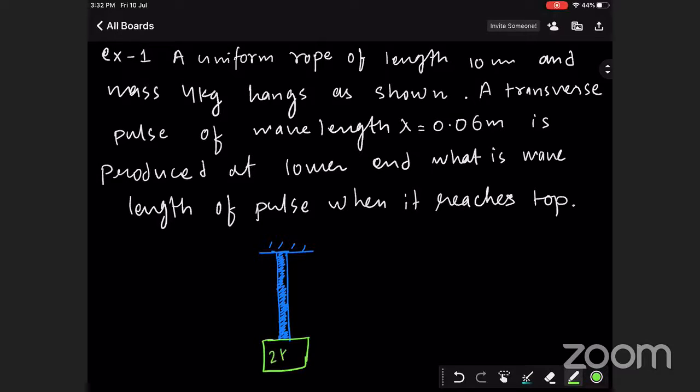And this is a 2 kg mass, apart from the mass of the rope; the mass of the rope is 10 kg. Now they generated a pulse here at the bottom, a pulse of wavelength 0.06 meter. This pulse will move up and slowly its wavelength will not be the same, right?